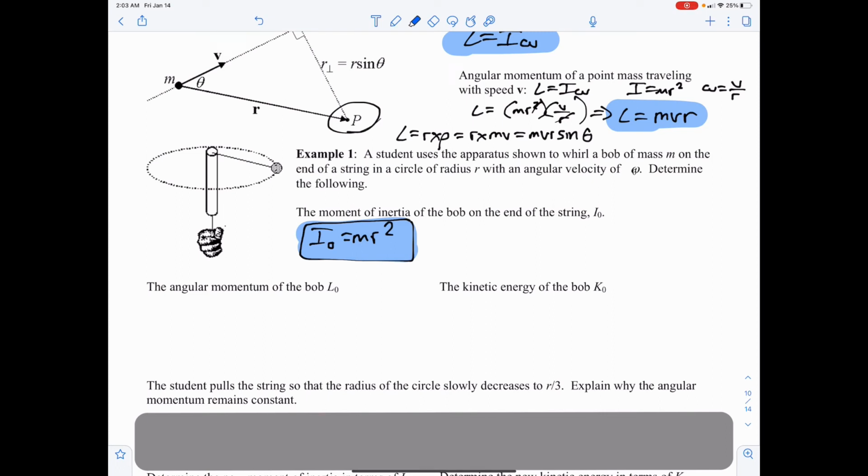Well, the angular momentum of the bob, L naught, is equal to I naught omega naught. Substituting, it would be mr squared times omega naught. And that's exactly what it is: mr squared omega naught.